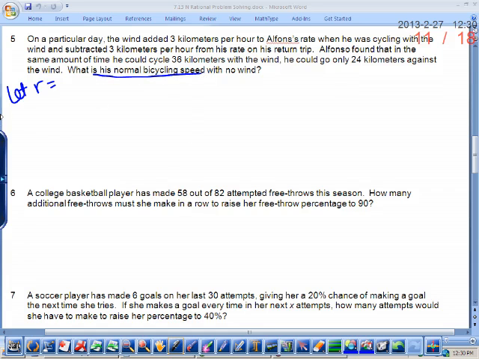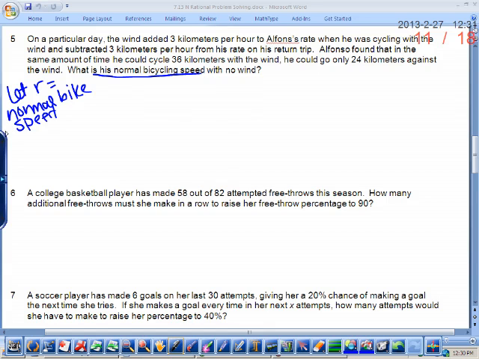So that's what we're going to let our variable equal. That's how you know what your variable should be. On the previous one, we were looking for 2 different speeds or 2 different times, something like that. That's when you have to decide which one you're going to represent. But if all we want to know is his normal bike speed, that's going to be our variable.